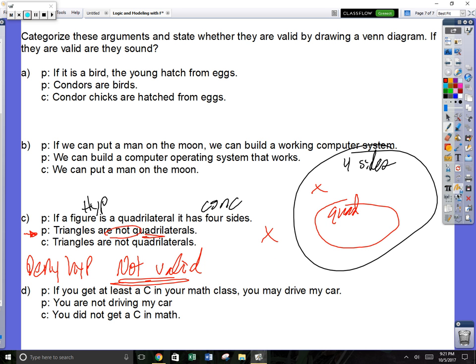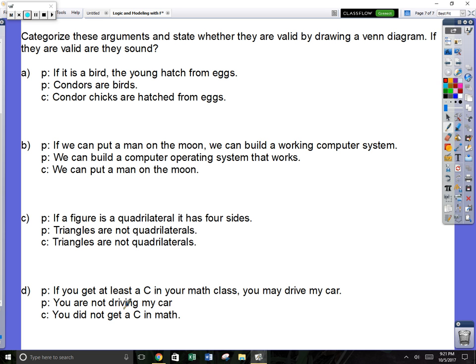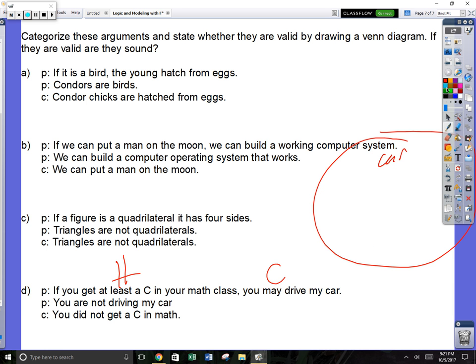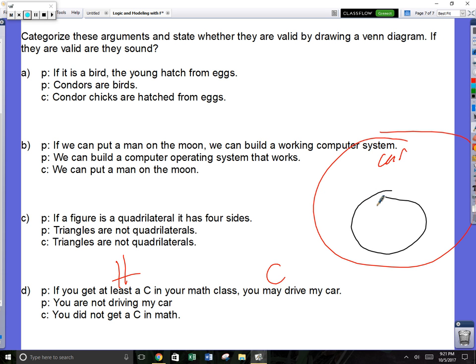Last one. If you get at least a C in your math class, you may drive my car. So this is the hypothesis, this is the conclusion. So my conclusion is a world where you can drive my car. In that world there is a subset of people who got a C in math. Okay, now premise number 2.